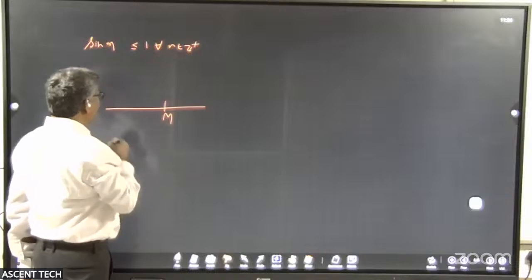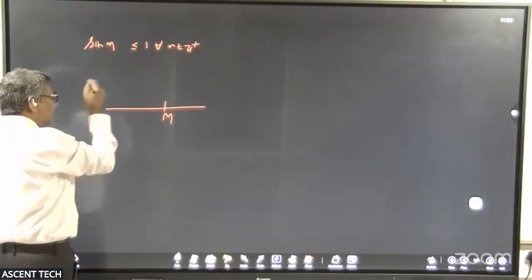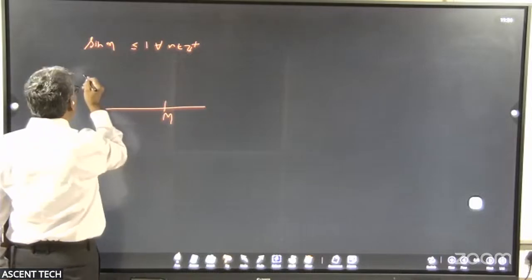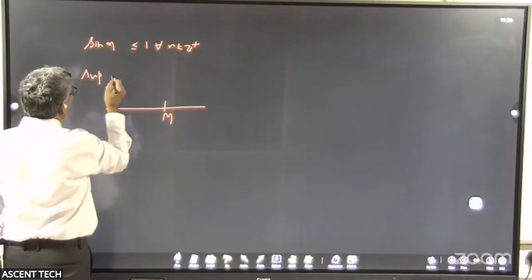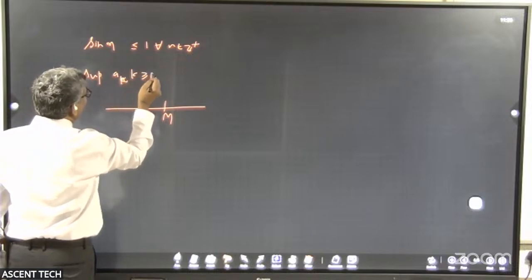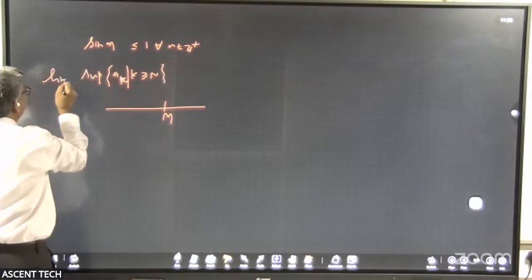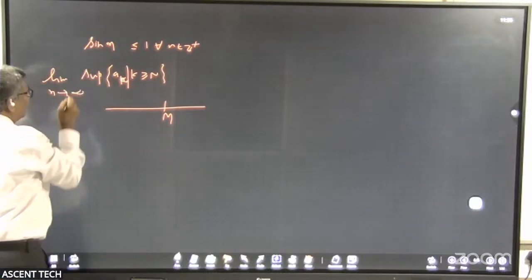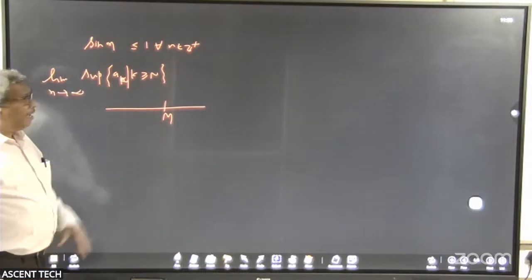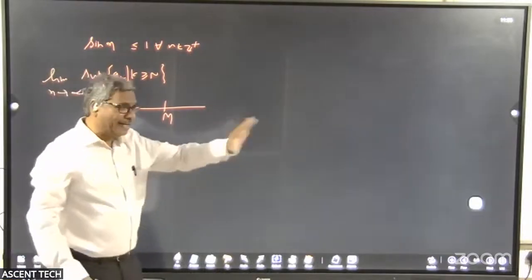But if you really look at it, this is the limit supremum. What are you taking? The supremum of a_k for k greater than or equal to n, and you're looking at the limit of that. Of course, sin 1, sin 2, sin 3, sin 4 keep oscillating.